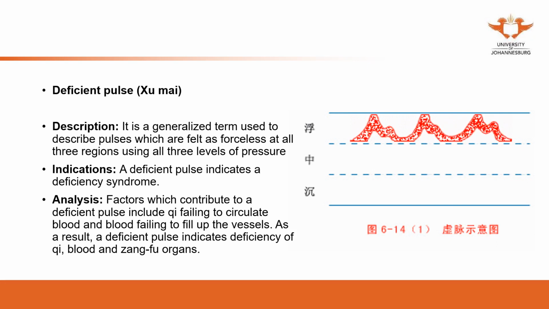But if there's a lot of water in the hose pipe, you can feel that it's forceful. So that's a soft, weak feeling. You can feel from the pulse that it can indicate the qi and blood deficiency within the vessel. That's why the deficient pulse indicates qi and blood deficiency.